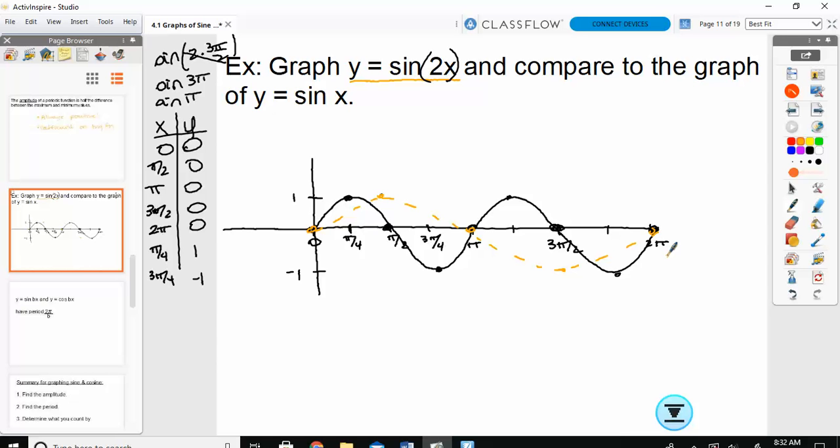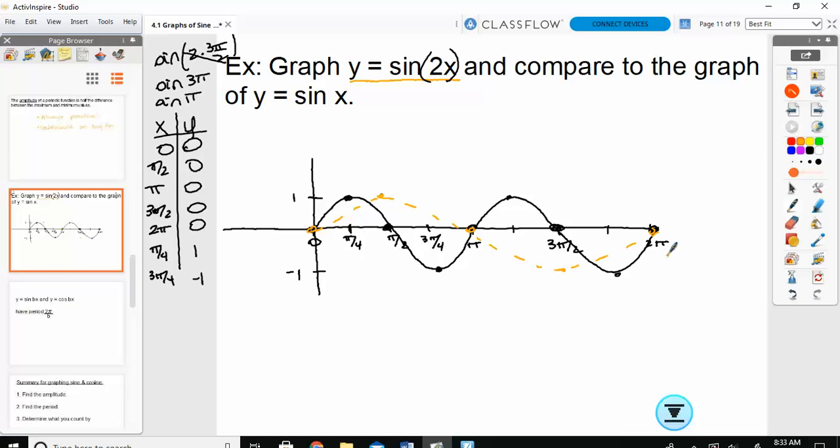That black one, how many full periods of sine did I graph originally? A period is how long it takes until it starts repeating. So I have 2 complete cycles of sine, right? So when I put a 2 there, I got 2 graphs of sine in that interval. So that 2 changed how long it took to repeat. It changed the period. If I made it a 1/2, what do you think that would do?